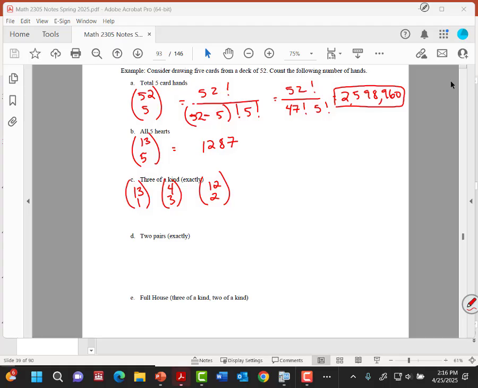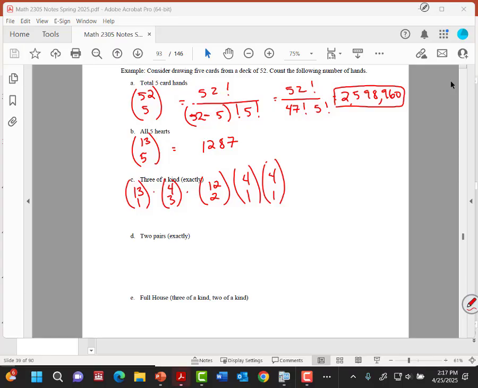So maybe my 3 of a kind was in fives, and so I have to select 2 different denominations from the 12 remaining. From the 4 in the first denomination, choose one of them. And from the 4 in the second denomination, choose one of them.